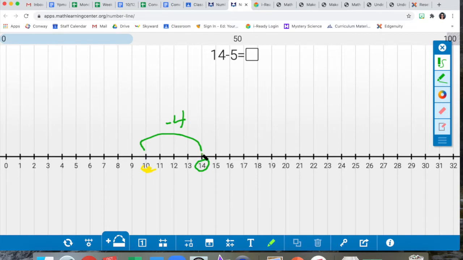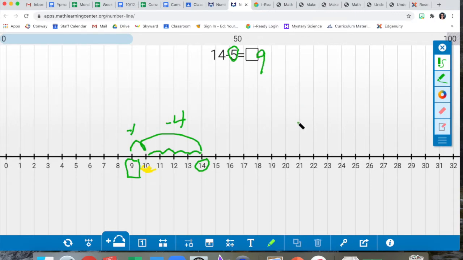Because that's the same as 1, 2, 3, 4 lands us on the 10. We've almost subtracted the whole 5 that we needed to take away. We've taken 4, so take 1 more away, and we land on the answer. The answer here is 9.